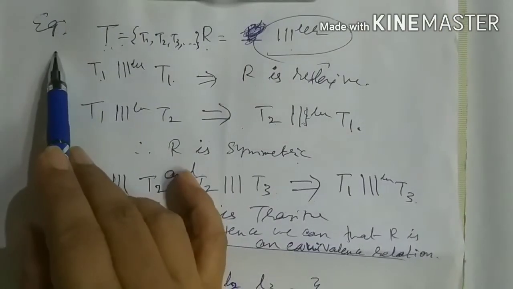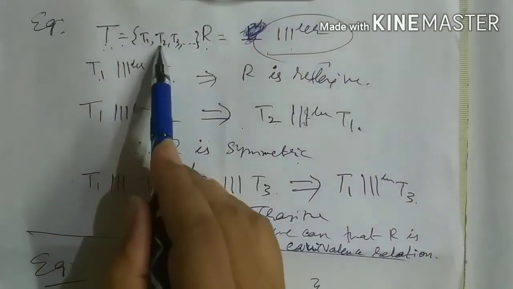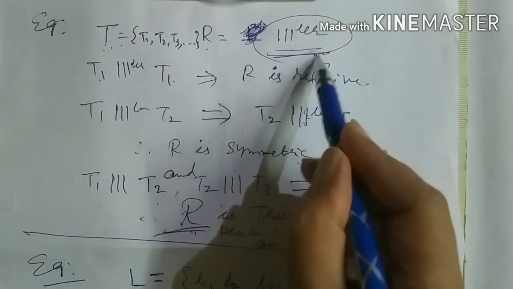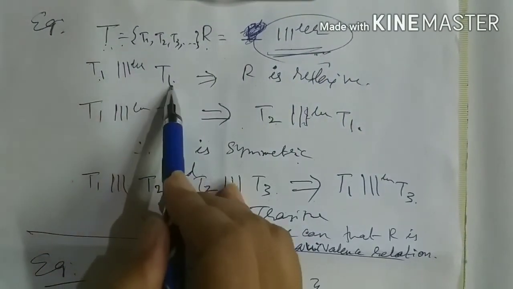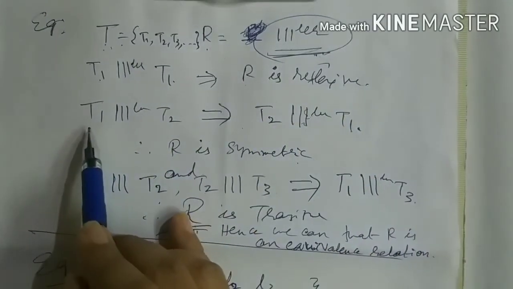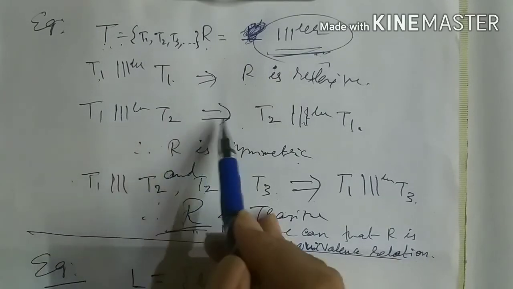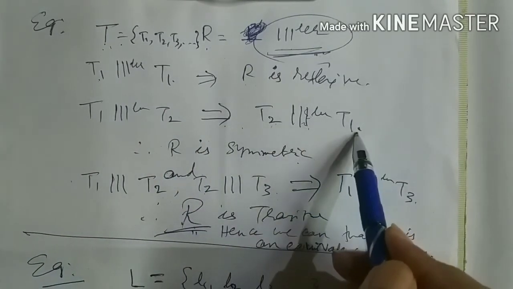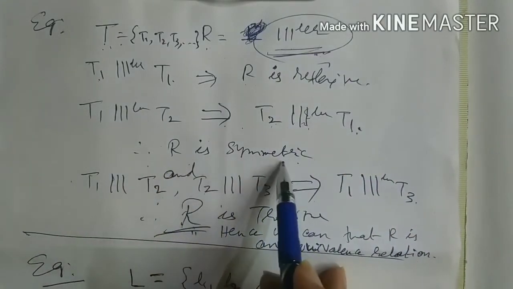Let us consider another example, the set of triangles T1, T2, T3, etc., and the relation we consider is similar. We know that every triangle is similar to itself. Therefore, R is reflexive. Next, T1 is similar to T2 definitely implies T2 is similar to T1. Therefore, R is symmetric.